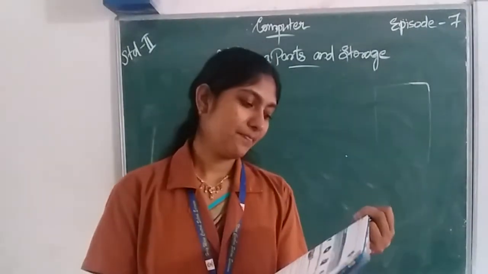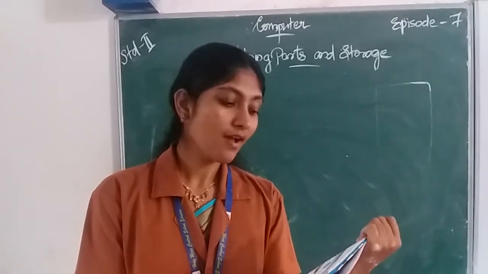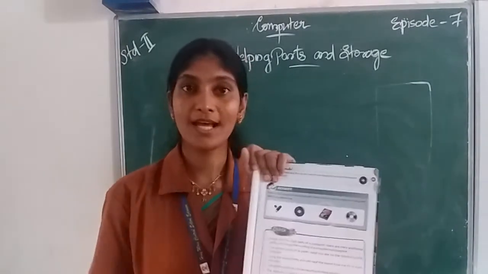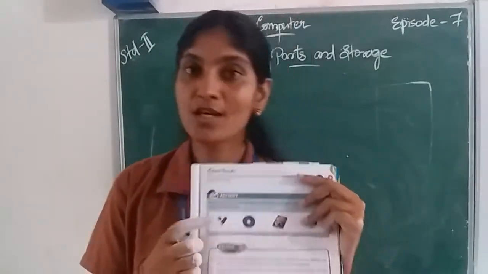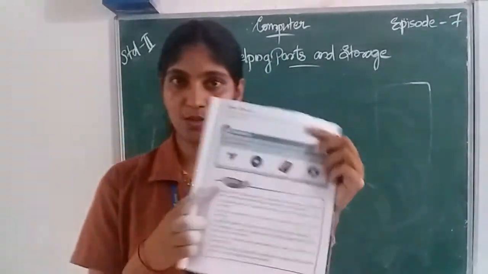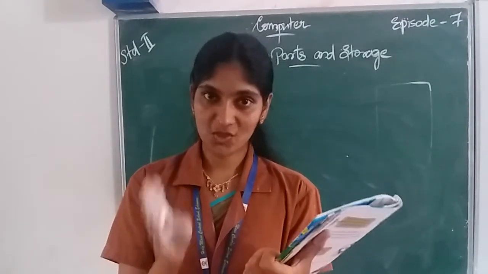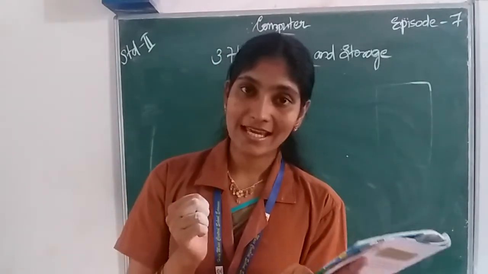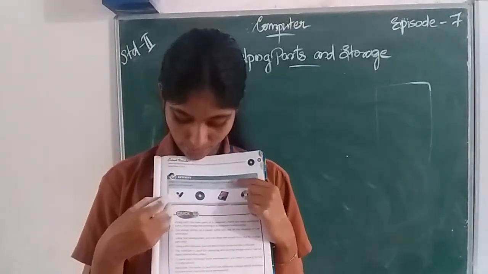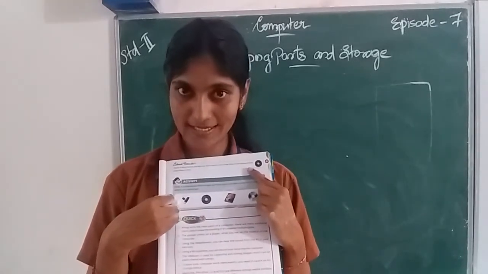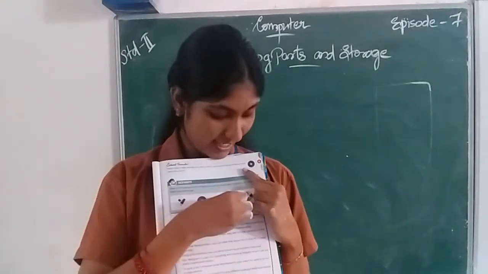Let's do an activity. Draw a circle around the storage device that is the main storage of a computer, which you cannot see. Look at the picture on page number 25. There are some storage devices. This is a pen drive, this is a Blu-ray disc, this is a hard disk, and this is a CD.